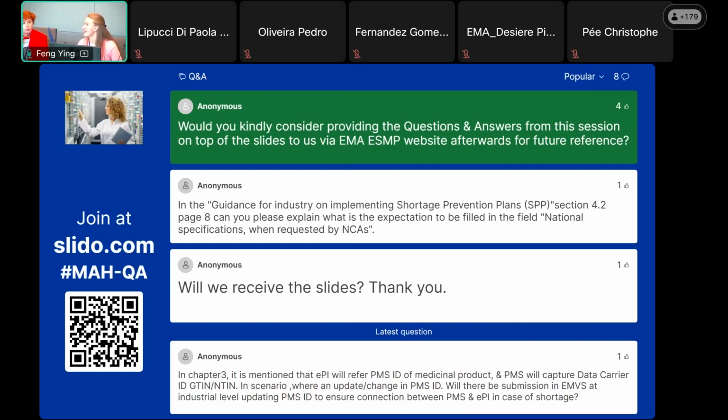But in case you also have any other questions, you can always submit them via Ask EMA, the contact form on the EMA website. And of course, also, if you have any system issues, technical issues with ESMP as such, you can always go to EMA Service Desk and open a request for information or an issue there as well.